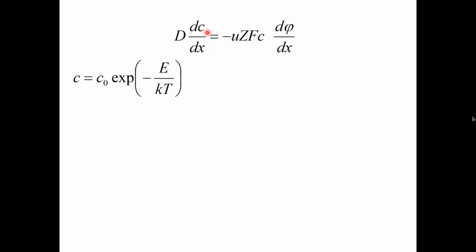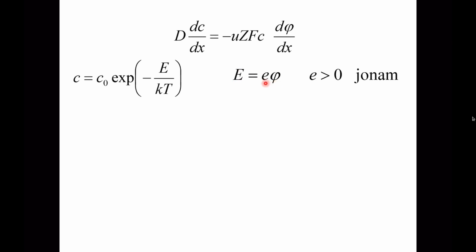The concentration, this is from the molecular statistics. The concentration C may be calculated as the initial native concentration with the exponent of the activation energy over kT, the same that we had before. The electrical field is E phi.